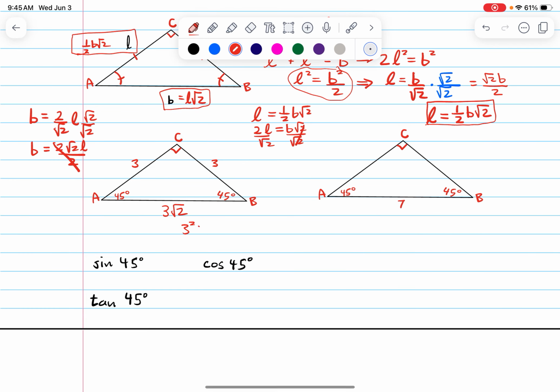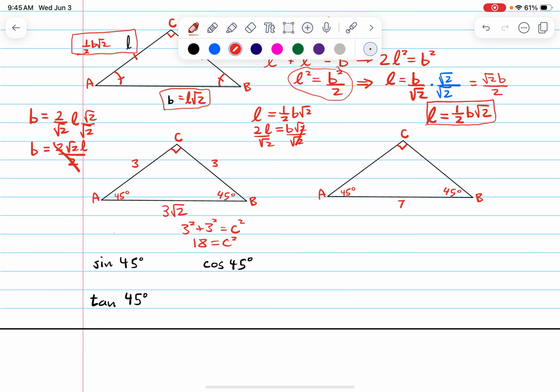Let's take 3 squared plus 3 squared, and we know that equals c squared. So if we look at this, what we've got here is 9 plus 9, that's 18.